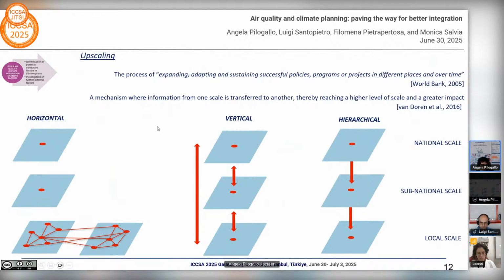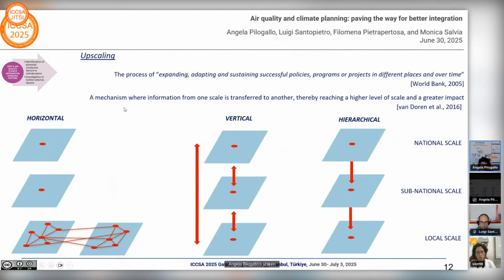Upscaling is the process leading to widen the impact of a good practice, of successful policies and so on. In the literature, there are actually several classifications of upscaling dynamics. The most common classification identifies three main types: the horizontal, the vertical, and the hierarchical one.